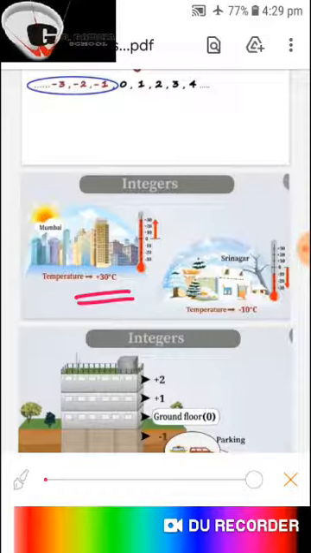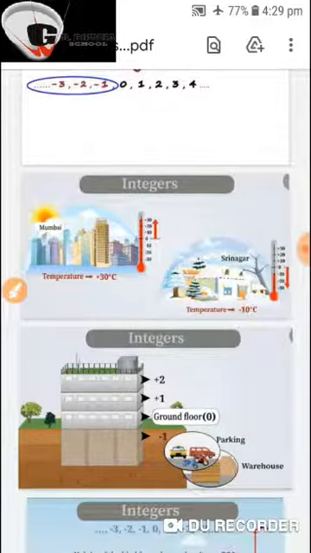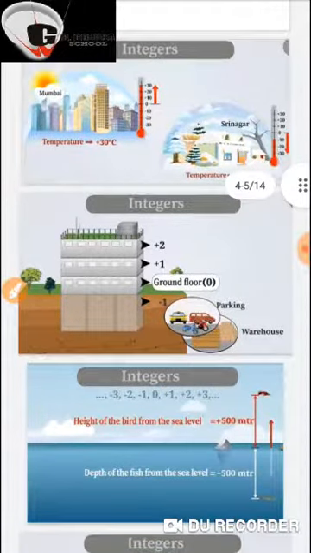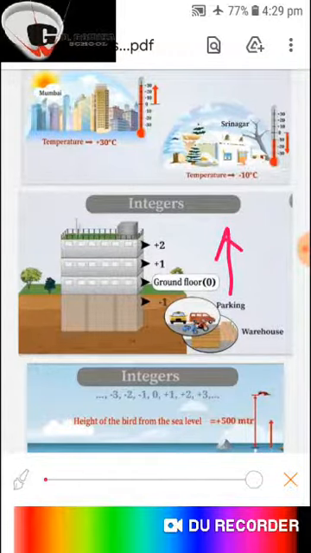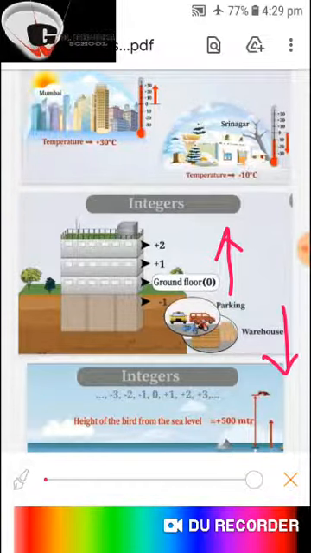Similarly, the temperature of Srinagar during winters falls below 0 degrees Celsius, so we represent it with a negative sign before the number. Similarly, in buildings, the floors above the ground are represented by the positive sign, and the floors below the ground like basement, parking, are represented by a negative sign.